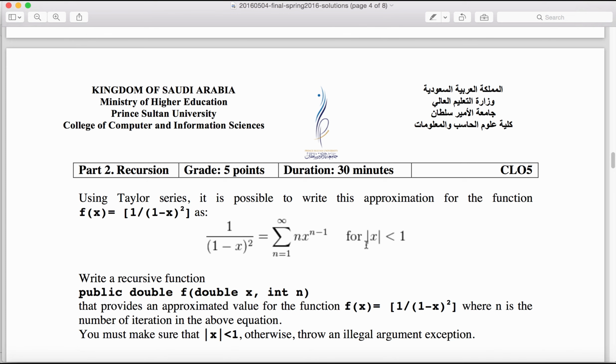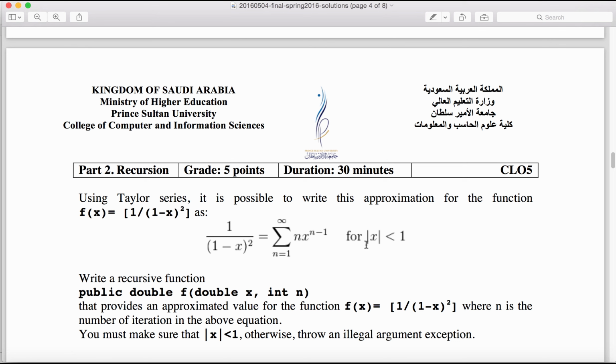You can use recursion. So what is the base case here? What is the base case for n equal to 0? For n equal to 0, what's going to be the value? n multiplied by x^(n-1): 0 multiplied by x^(-1) gives what? Zero, when you multiply zero by any other number. So that is a base case.